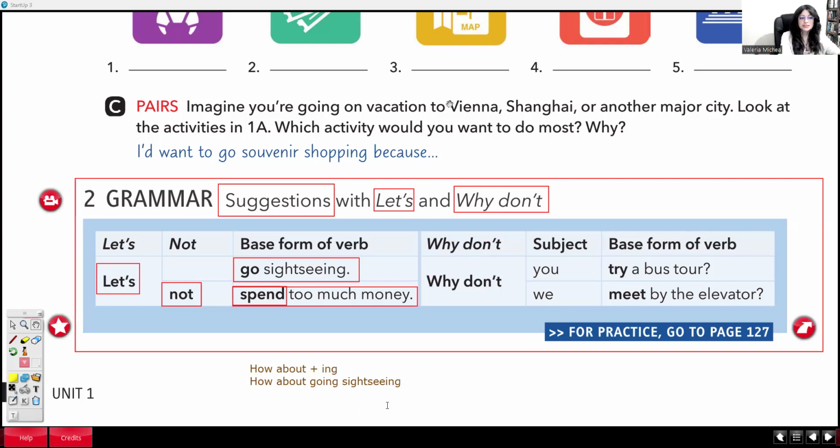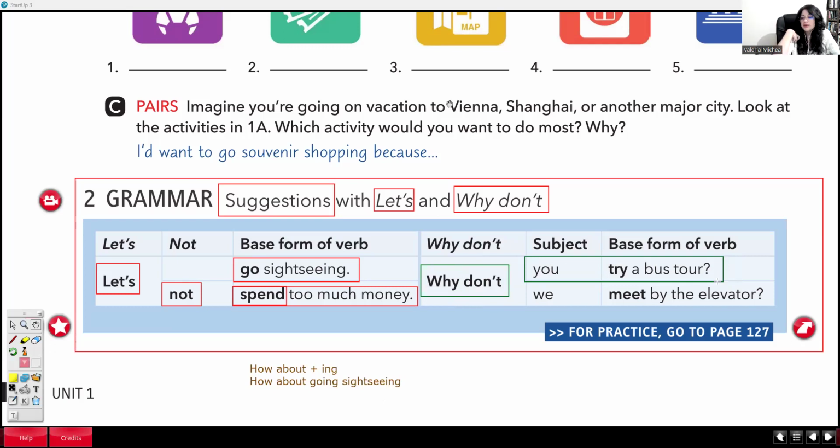And what do we have? On the other hand, we have why don't, which is also another way of suggesting things. This is, of course, a question. Why don't you try a bus tour? So I'm suggesting something that you could do.